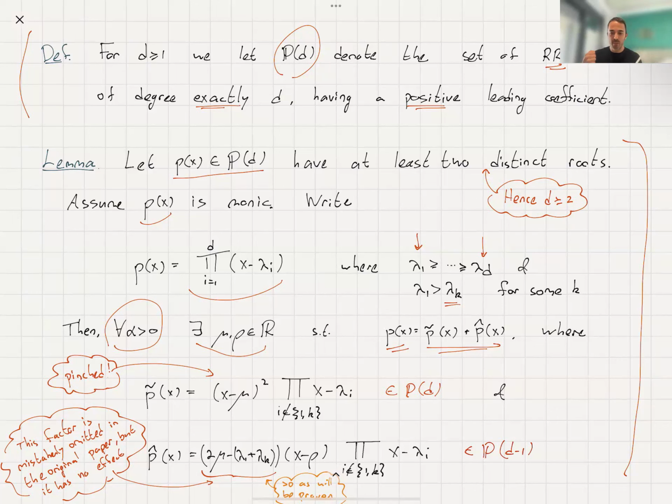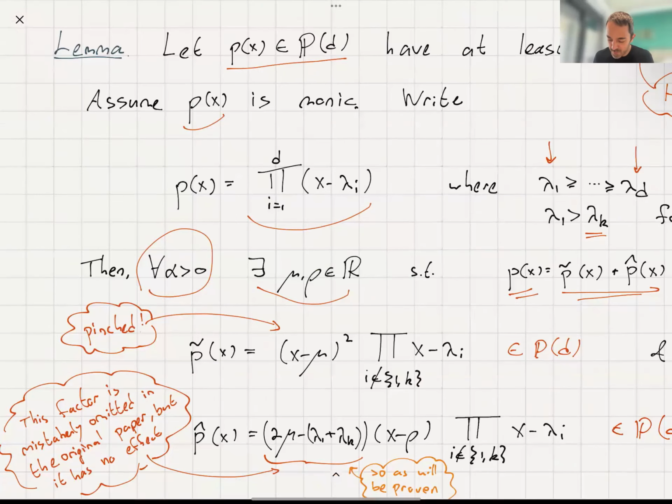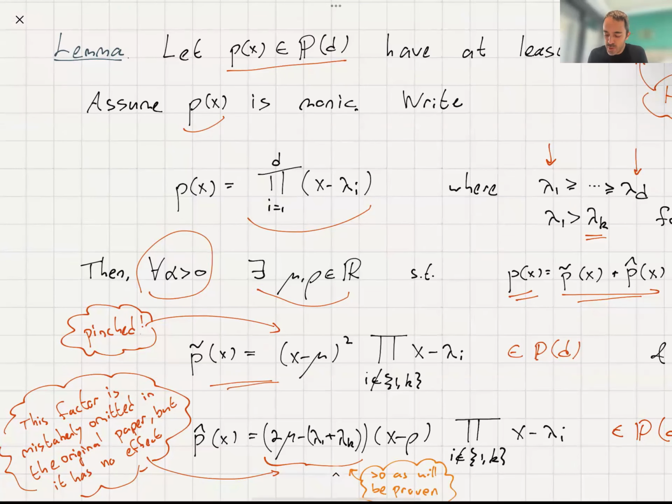In a sense, each of them is going to be simpler than the original polynomial. So we're going to have P tilde and P hat. P tilde is going to have a double root at mu, right? So for every alpha, I promised you mu and rho. The mu is going to be this extra root that P tilde has.